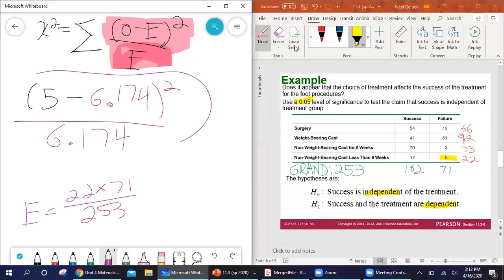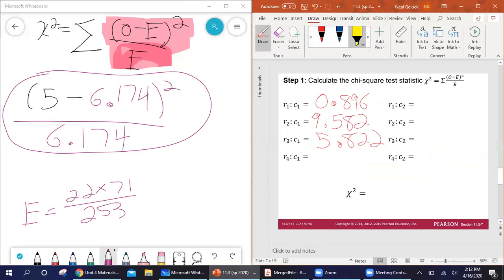If I calculate this out for row 4, column 2, that gives me a value of 223. I'm just going to give you the other 4, but you would follow the same process.